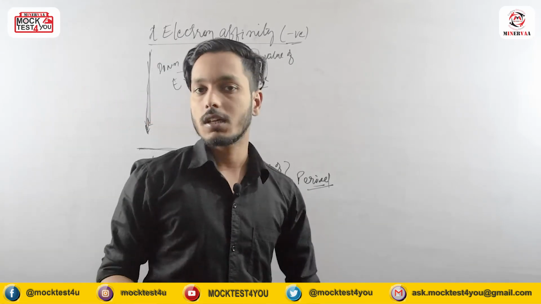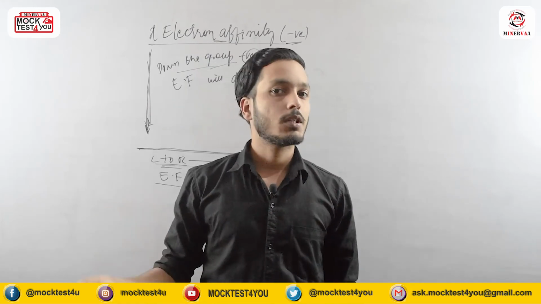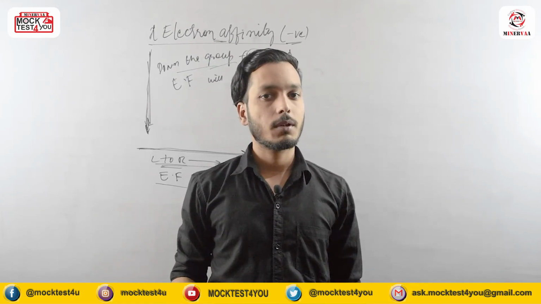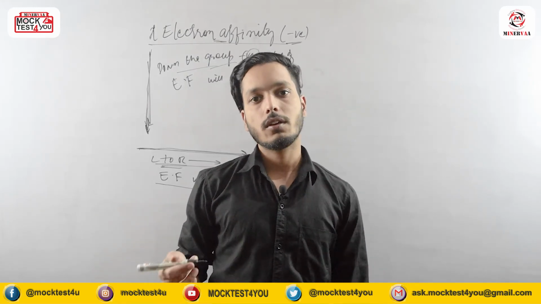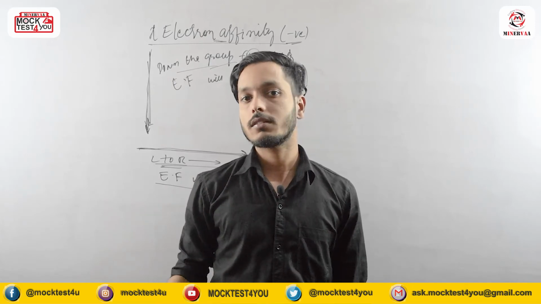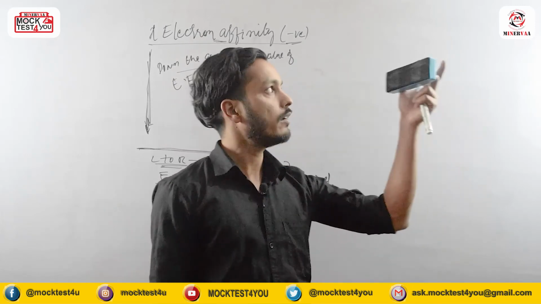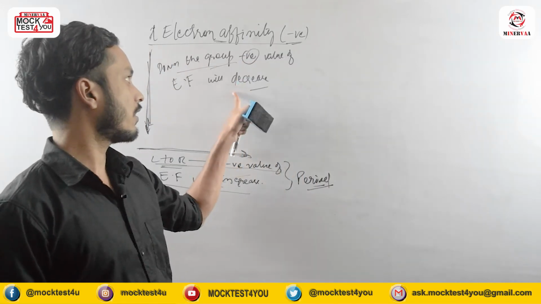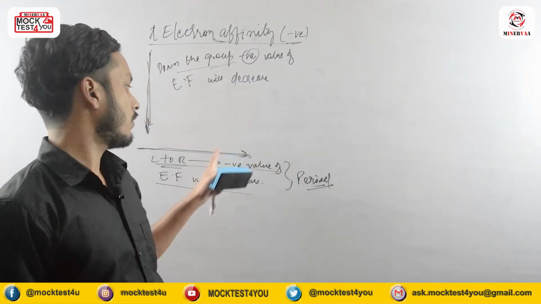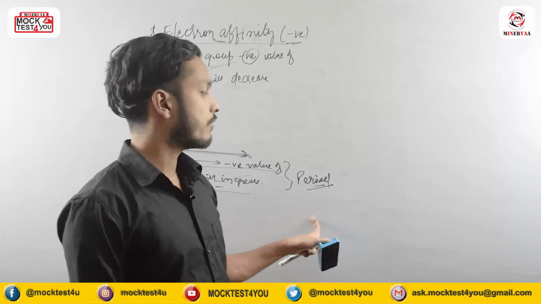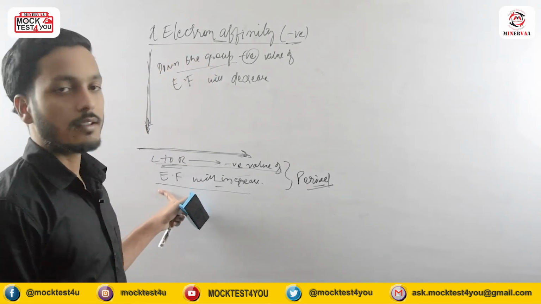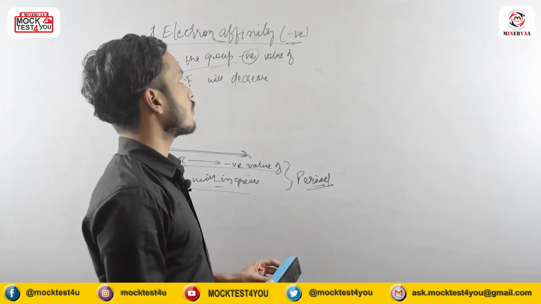Because the number of shells was increasing, and the number of shells will overcome the nuclear charge. So at that time what will happen? The negative value of electron affinity will decrease, and when we are moving across the period, the negative value of electron affinity will increase, right? So I hope you have understood this also.